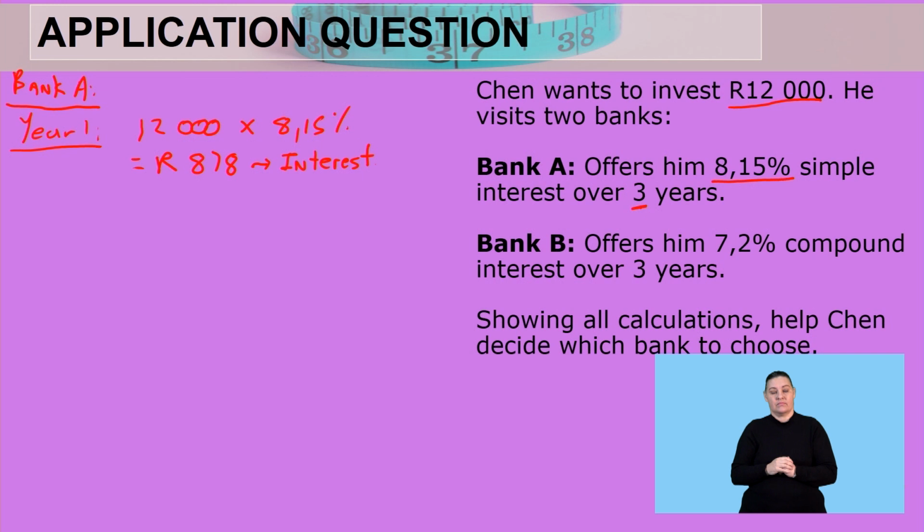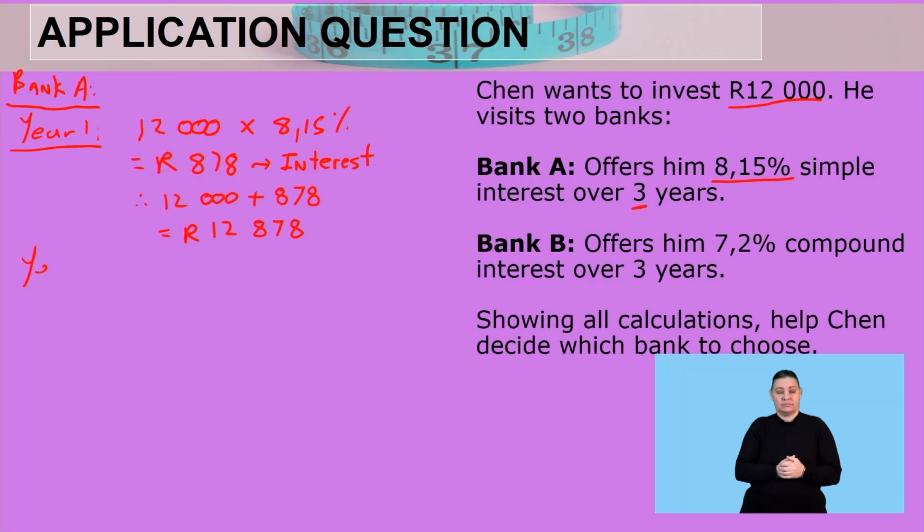Then we take 12,000 Rand, the initial amount, and add on the 878 Rand interest, and this gives me 12,878 Rand. And that is the amount in the account at the end of the first year. Let's look at the second year.